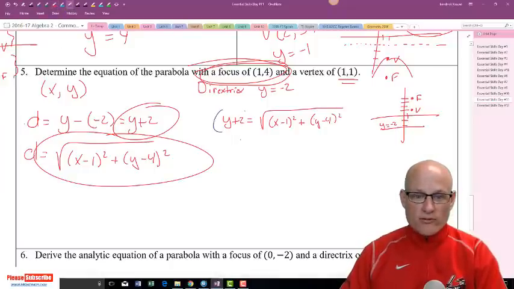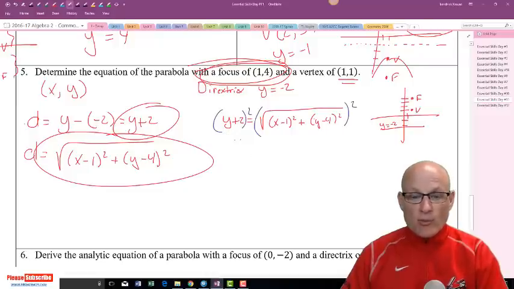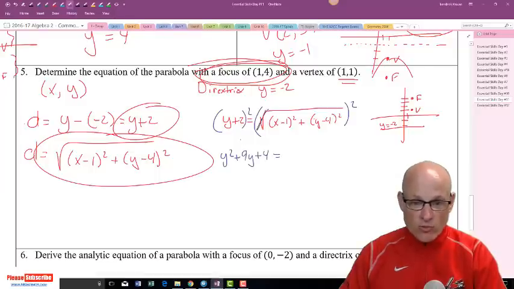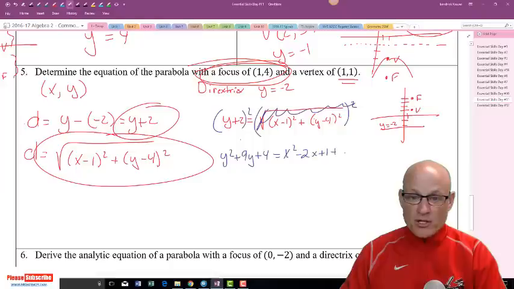So we're going to square this, and we're going to square this. So we're going to double distribute the left side. Y squared plus 4y plus 4 equals, now this square root and this square cancel. So you get x squared minus 2x plus 1 plus y squared minus 8y plus 16.